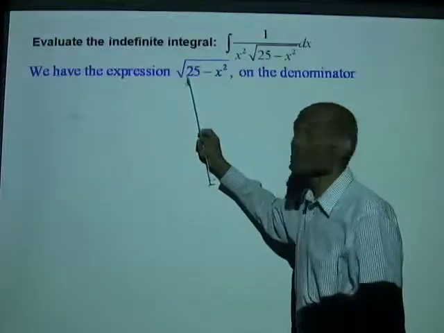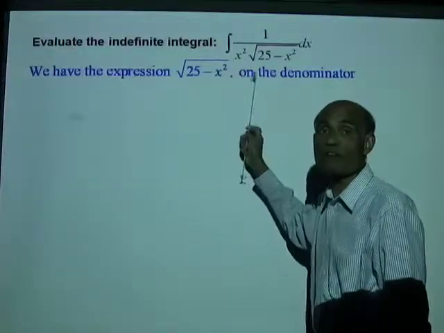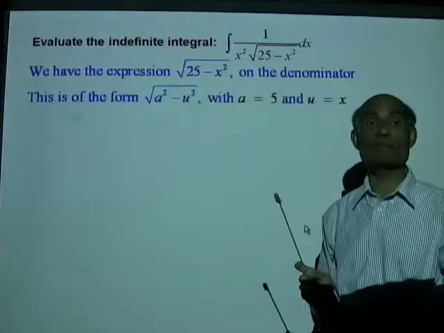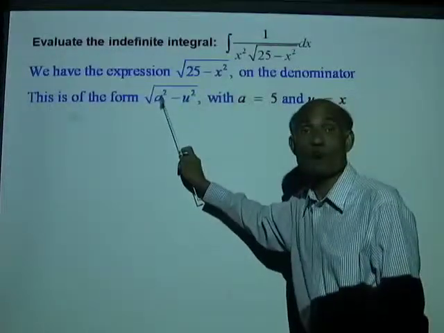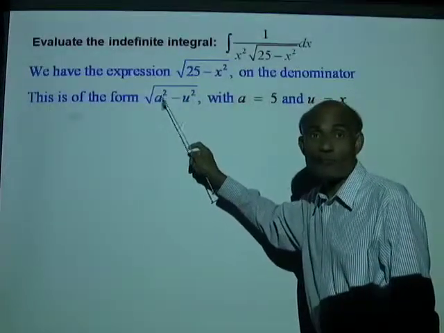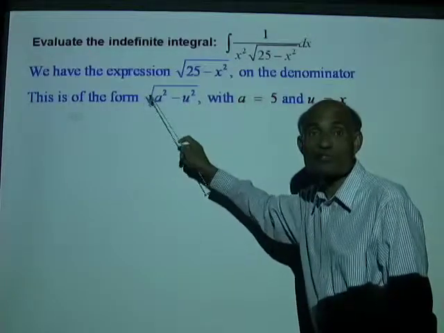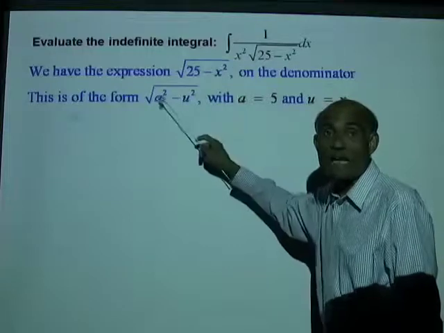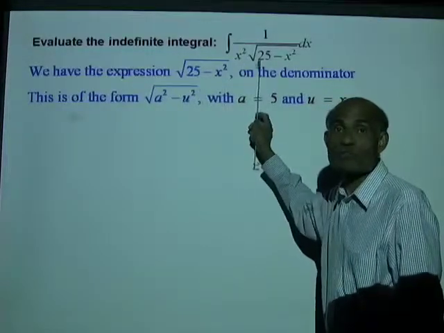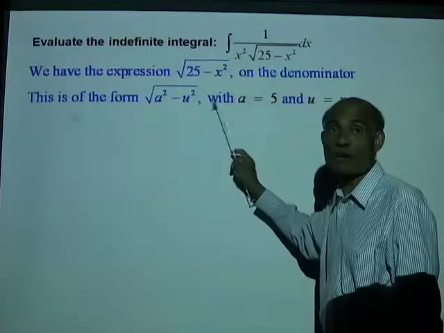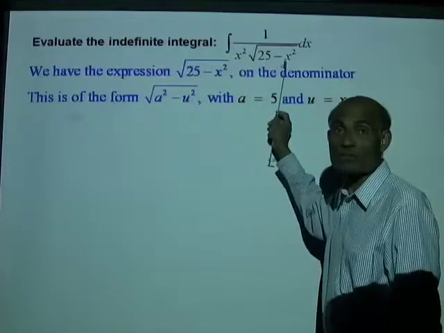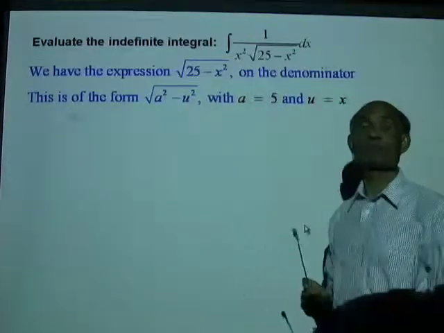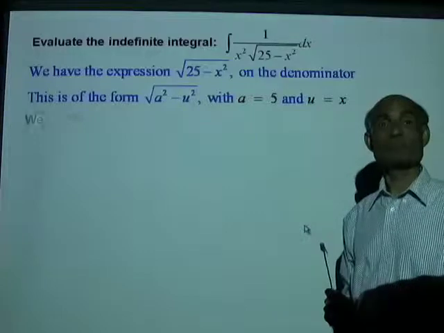So we have the expression square root of 25 minus x squared in the denominator, and this is undoubtedly of the form square root of a squared minus u squared, with a squared equal to 25, therefore a equal to 5, and u squared equal to x squared, therefore u equal to x.